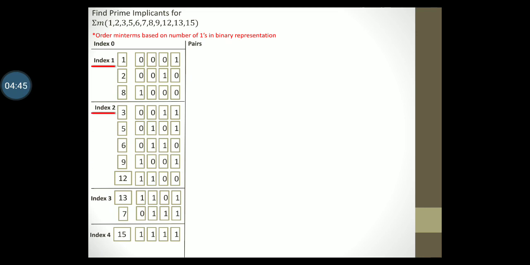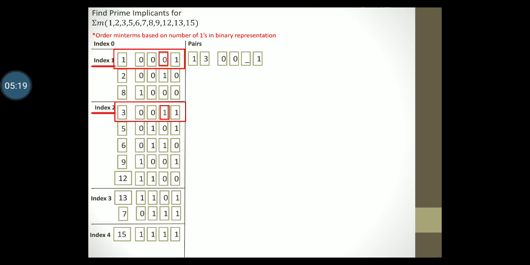For example, you can combine minterm 1 from the index 1 group and minterm 3 from the index 2 group. Notice that both these minterms differ in the second bit position from the LSB. So we can write this as a pair 1, 3 and the binary representation as 0, 0, dash, 1, where the dash indicates the bit that is changing.